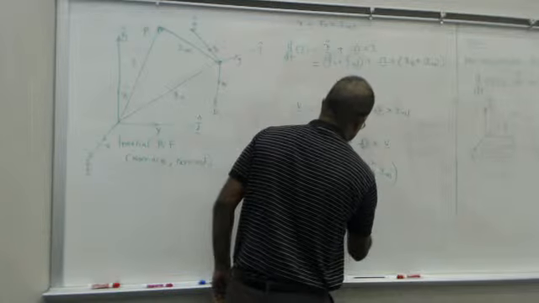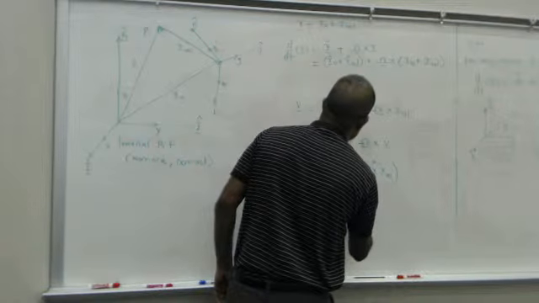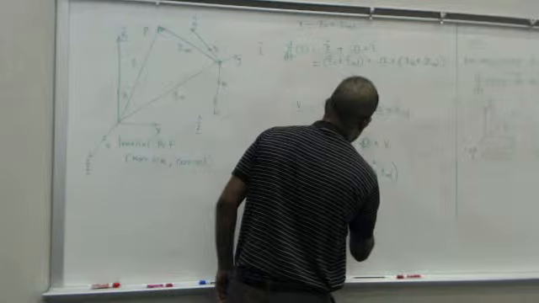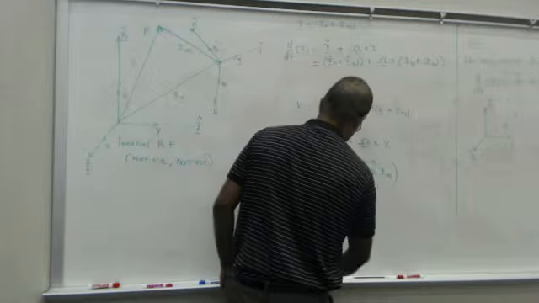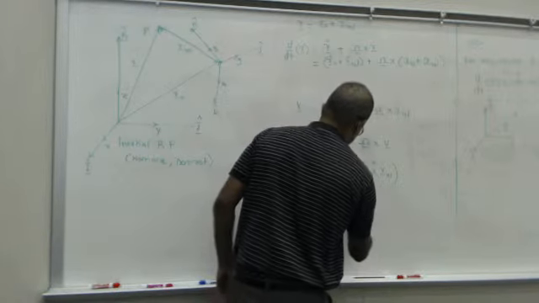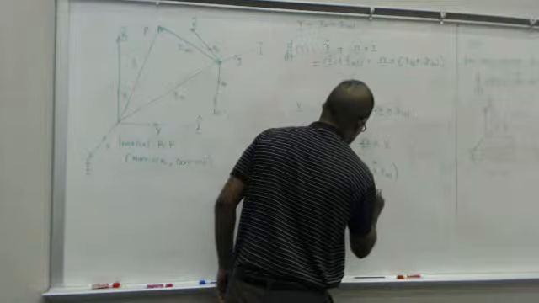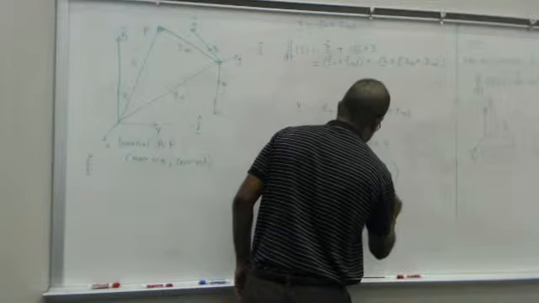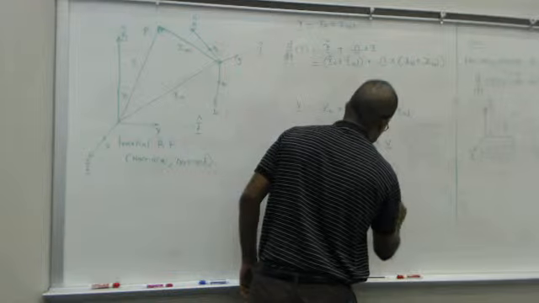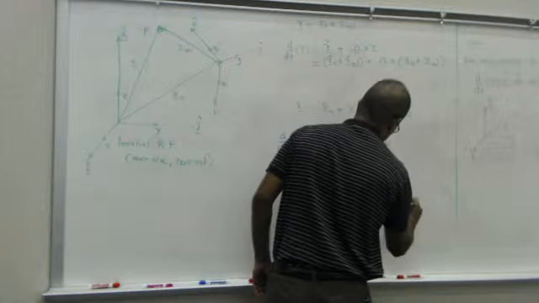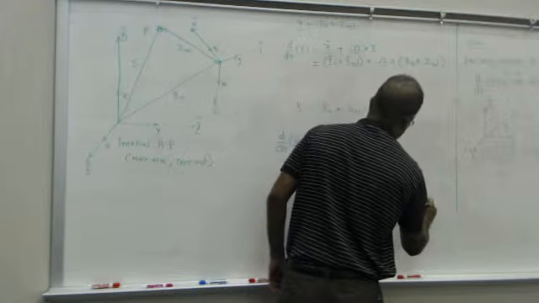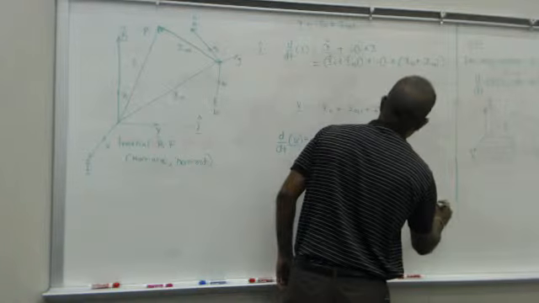Plus v relative, sorry, plus omega squared, e naught plus v relative plus omega cross with.